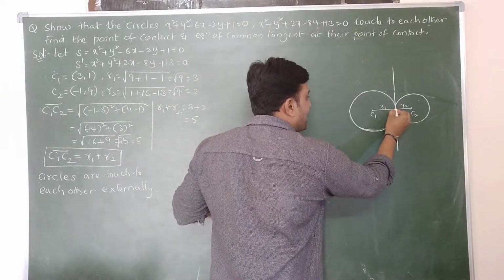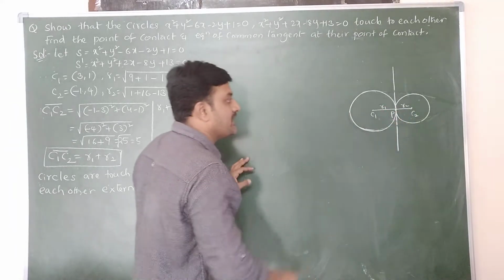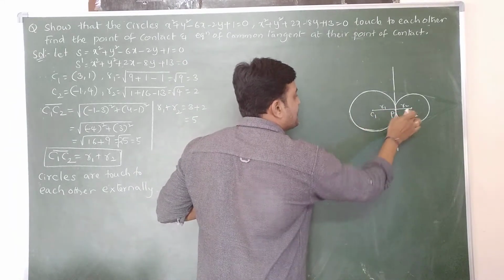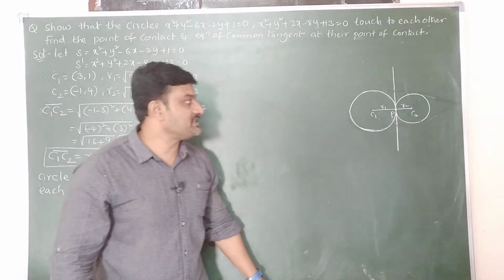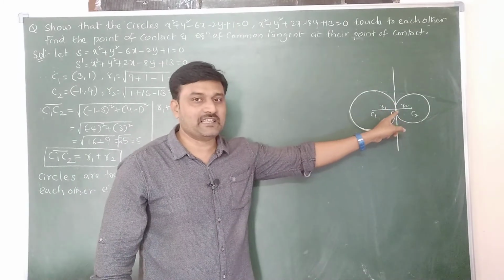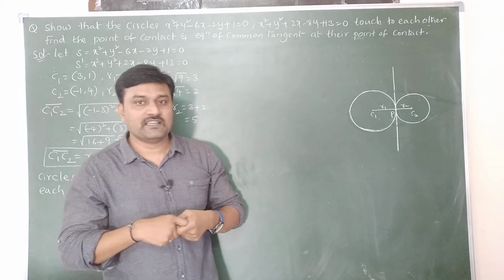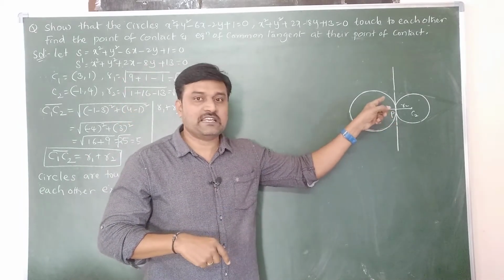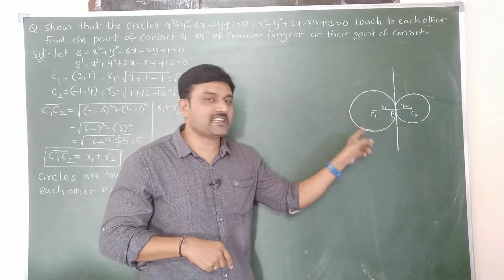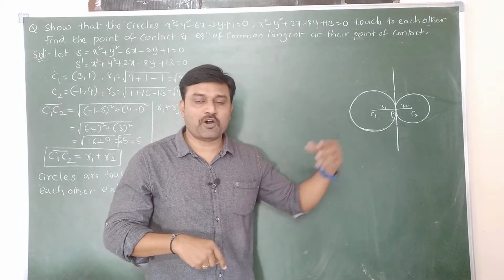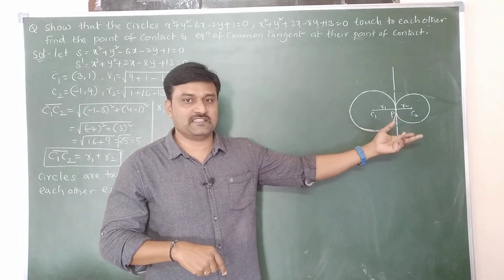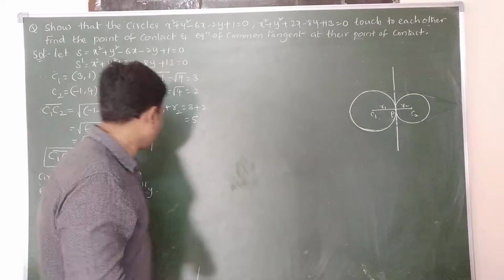The point of contact is P. It divides C1C2 in the ratio R1 is to R2 internally. If circles touch each other externally, the point divides internally. If the circles touch internally, the point divides externally. Remember it.